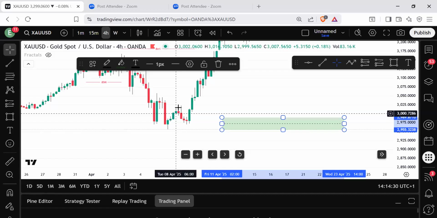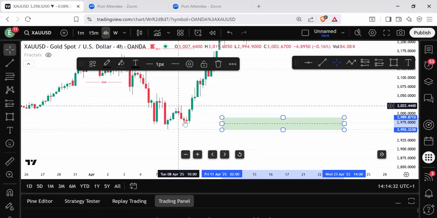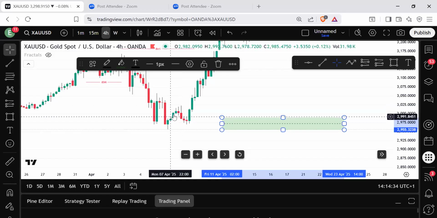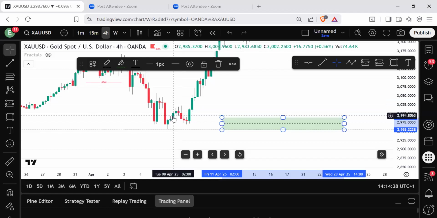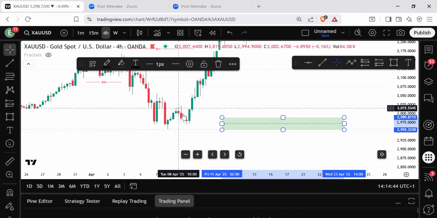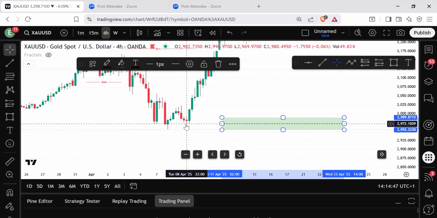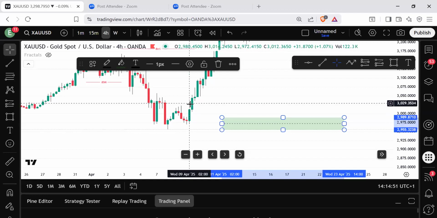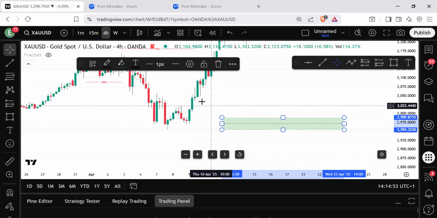If you look at this, price came back to cover this, so that we cannot consider. It was revisited. But if you look at this, price went back to this low part.